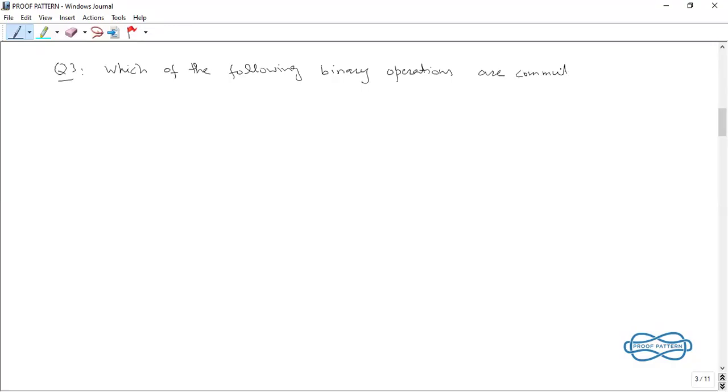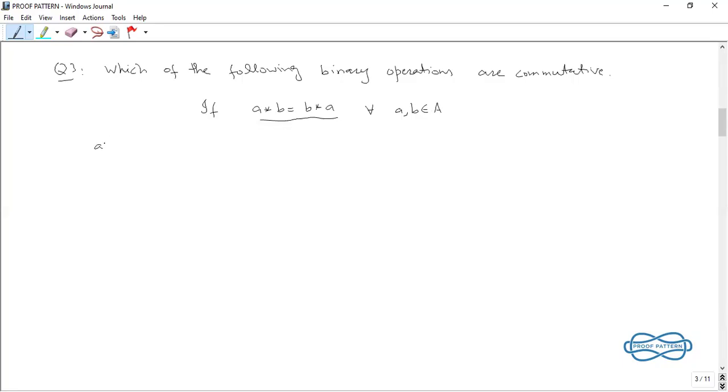First, we have to see the definition of commutativity: if A star B is equal to B star A for all A, B belonging to A, we say that this binary operation is commutative.